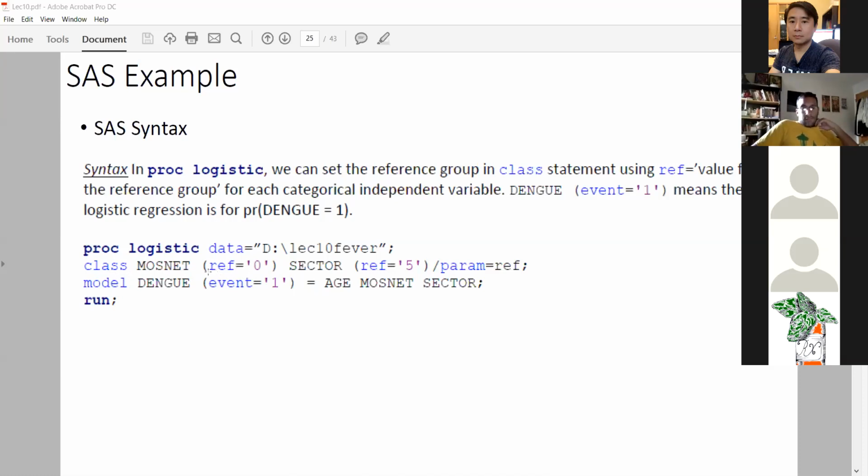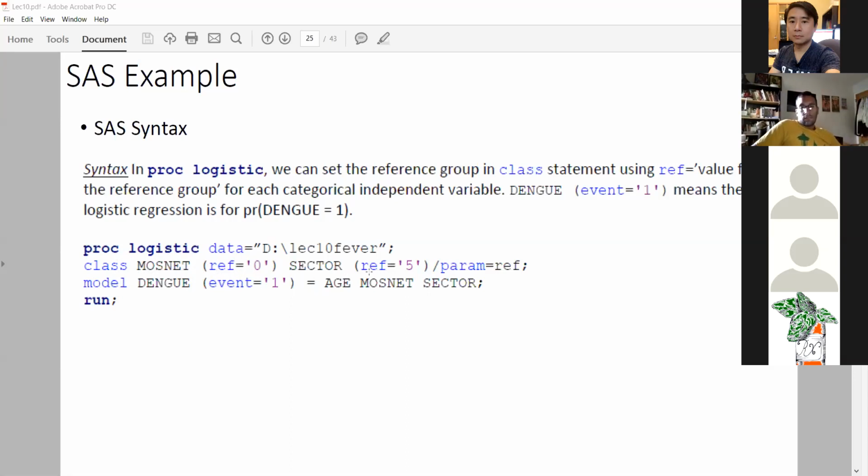So the rule there is called REF. There's no event to specify here. Okay. So event is only in the model statement of proc logistic. This is not generic. You cannot specify this in proc reg. You can only specify the event in proc logistic. So this is only in logistic regression. So then my code is fine. Your code is fine.